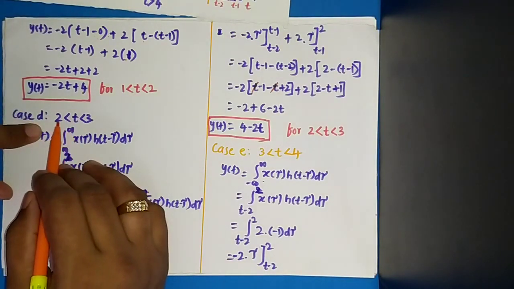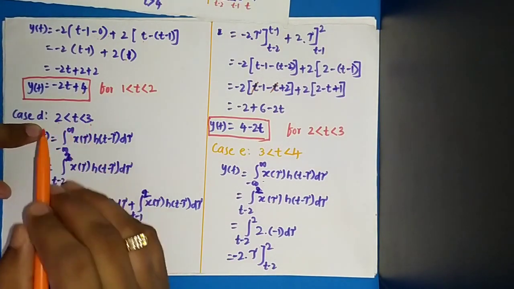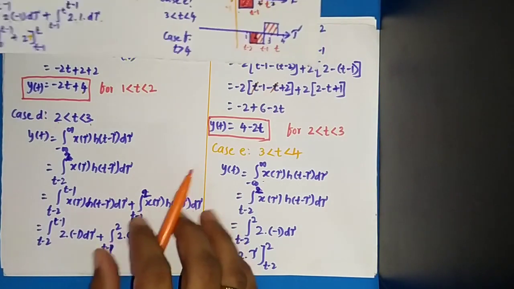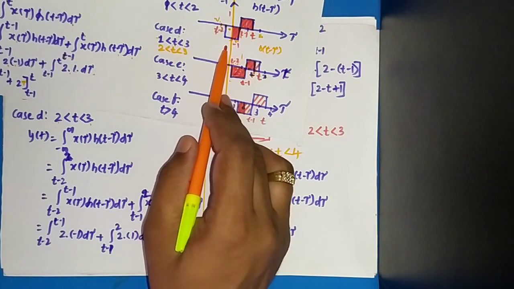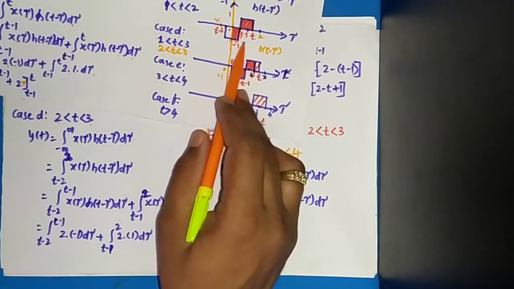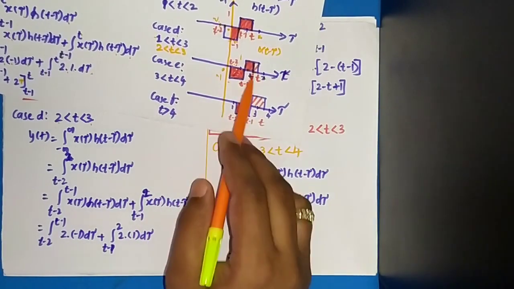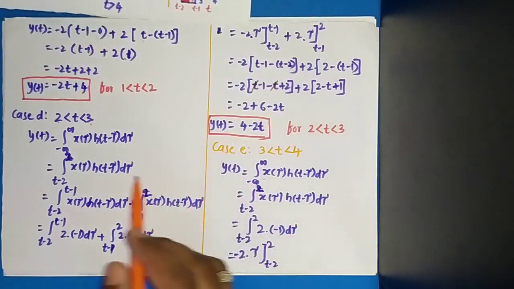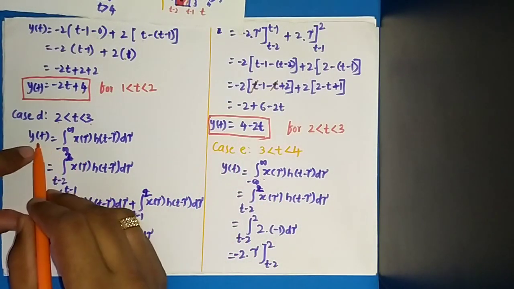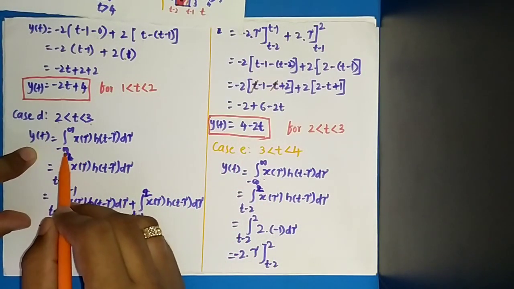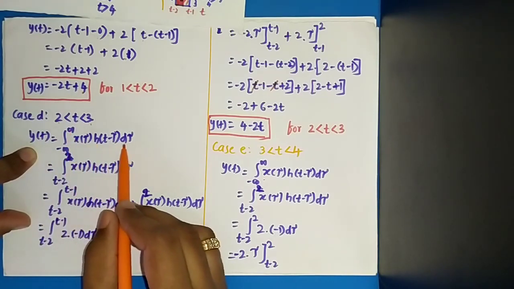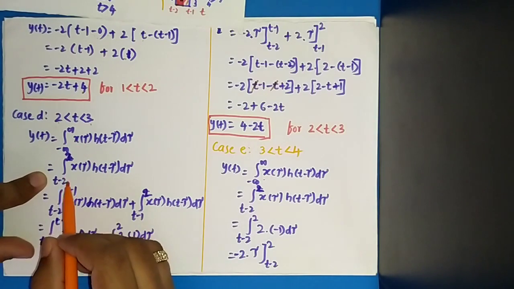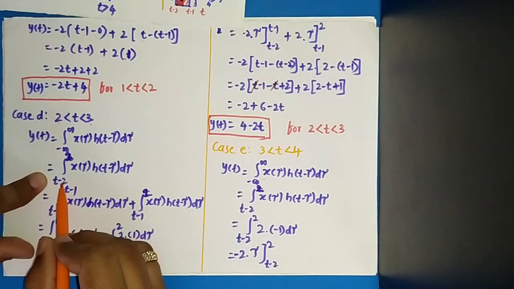The t is between 2 and 3. So correspondingly, what will it be? Okay, t is between 2 and 3. Okay, so accordingly, what will happen? Same as before, y of t is equal to integral from minus infinity to infinity of x of tau, h of t minus tau d tau. Now our terms will be t minus 2.